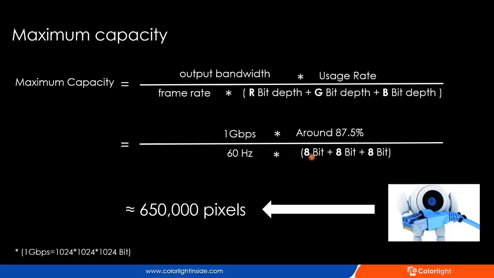For an 8-bit input source, we know that each pixel is composed of 3 colors: red, green, and blue. So the data of one pixel is 24 bits. Finally, we get a result of around 650,000 pixels. That's how this number came about.